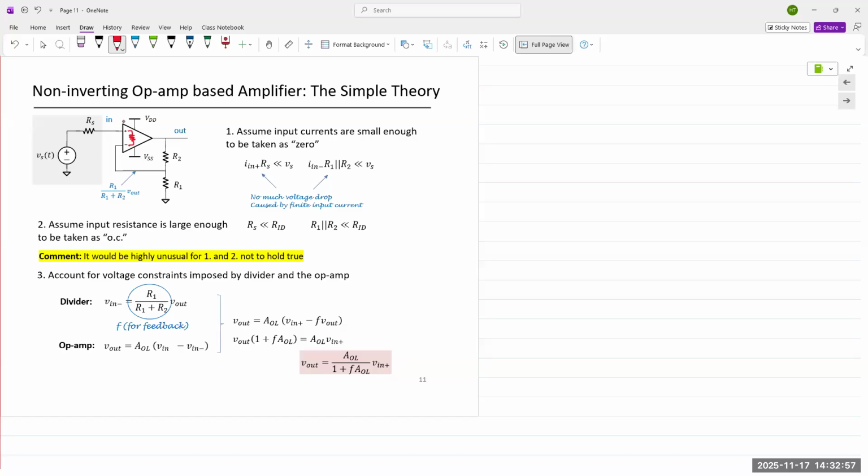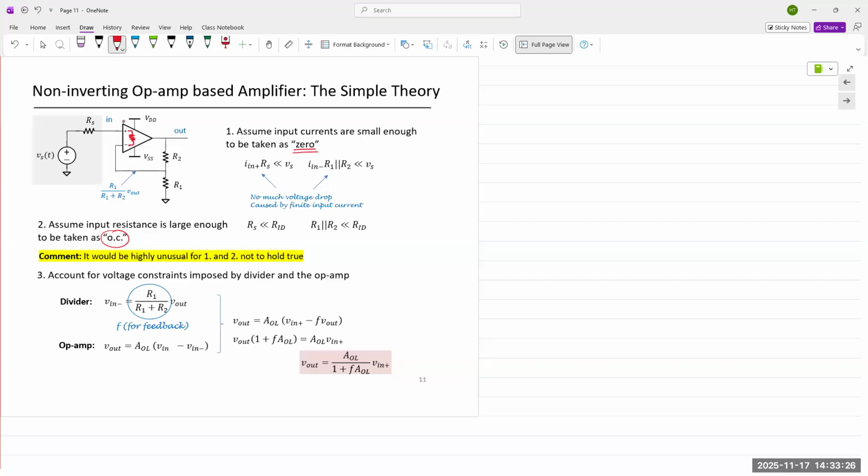The rest of the current and the energy comes from VDD and VSS. So the voltage difference does go in, but the current does not. Current input is very minimal. We can assume that the input resistance is so large that it is an open circuit, and if that is open circuit, the current going in is equal to 0.